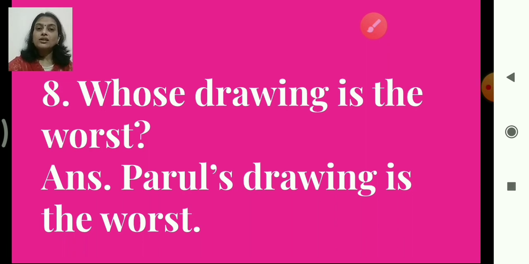Why we used the superlative degrees? Because there were more than two pictures or things, and we compared all the three. So we have to use the superlative degree, and not any of the other two, that is positive or the comparative degree, right?